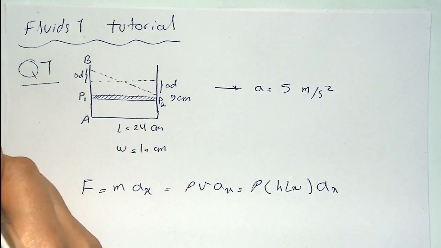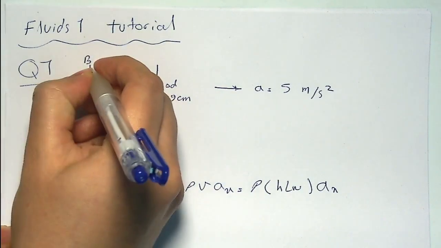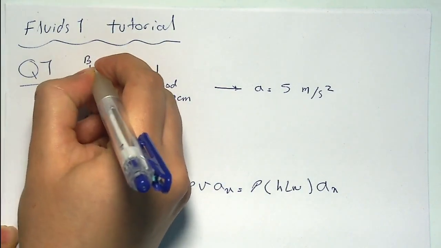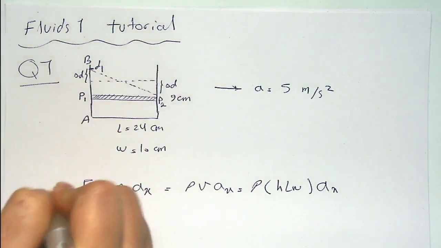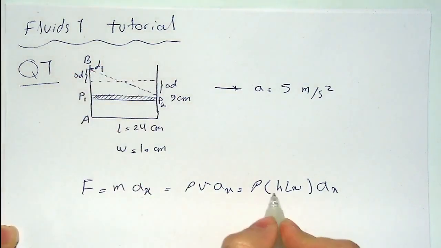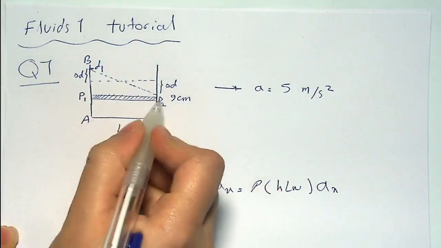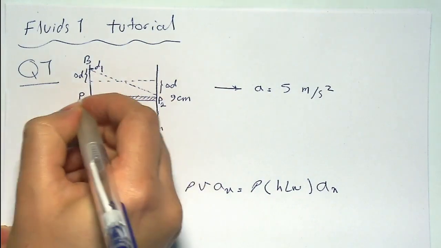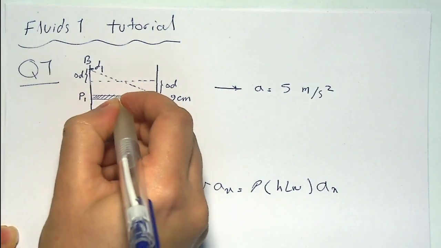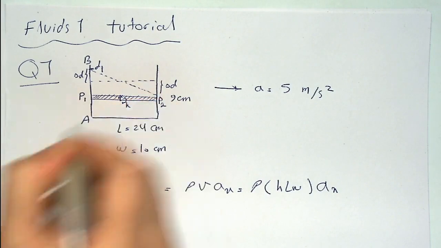And what else? The height of the water here is also D1. So the volume of this control volume here is equal to HLW. The H is the height of the control volume. This is the H.